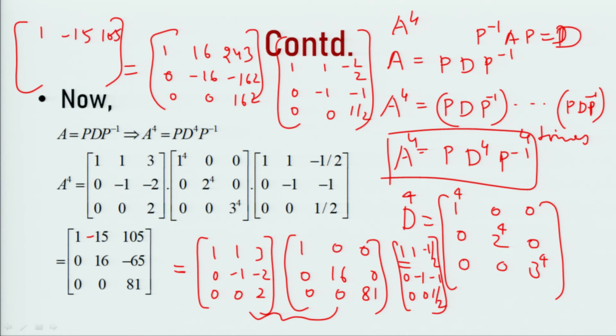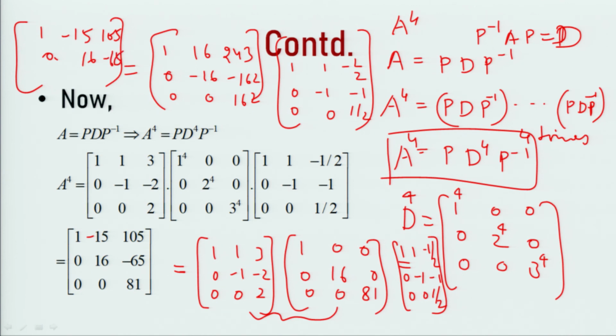If we multiply the second row into the first column, we get 0. The second row by the second column, 0 minus 16 gives plus 16, and the third entry is 0. Now, 0 minus 16 minus 1, this is 16 and minus 81, so we get minus 65.